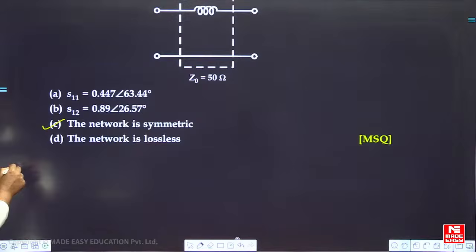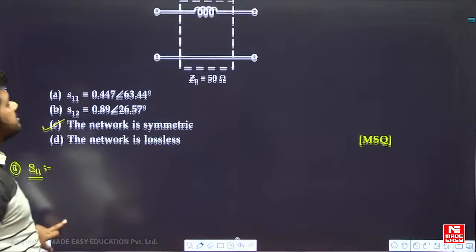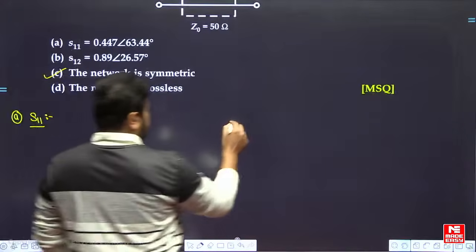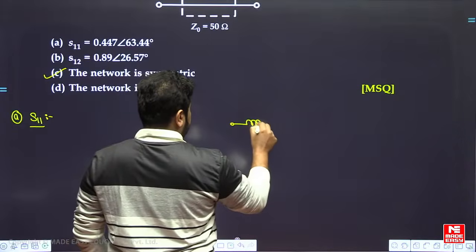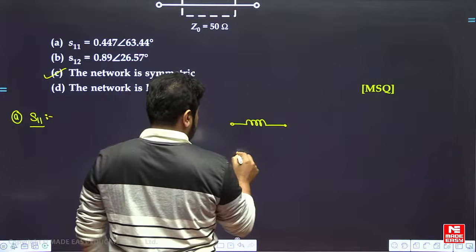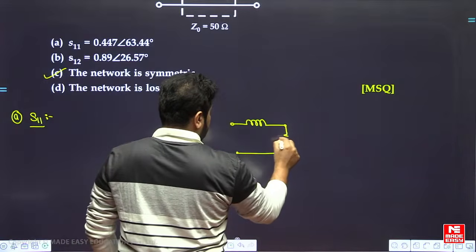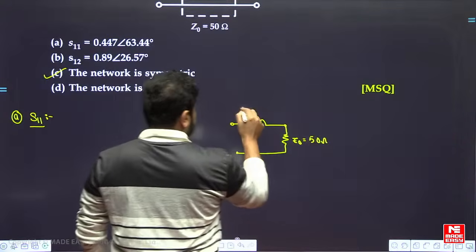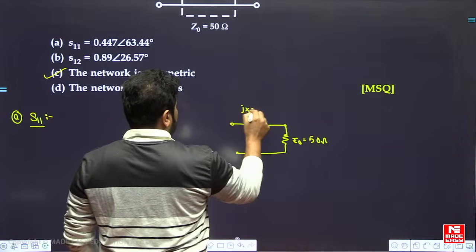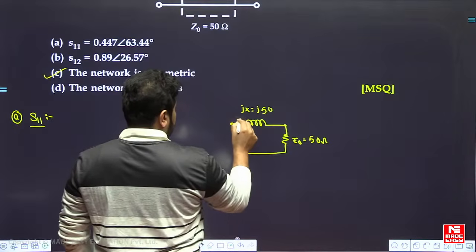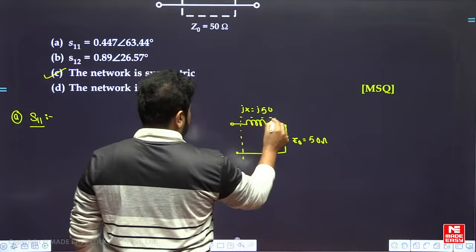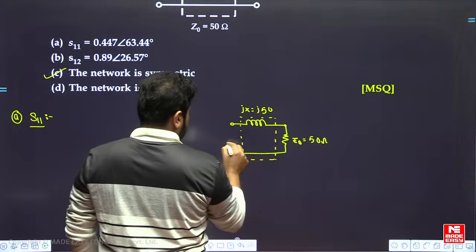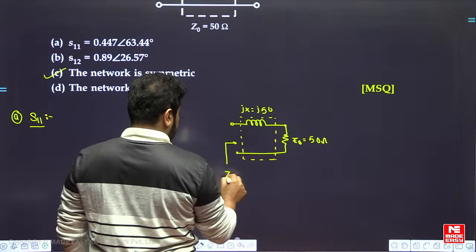First of all, let us check option A. They are asking S11. How to find this S11? This is an inductor of 50 ohms. You have to connect Z0, which is equal to 50 ohm, and this is your jX, which is equal to j50, and this is the box. So what is your Z1?